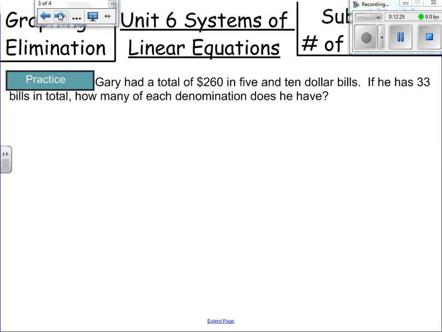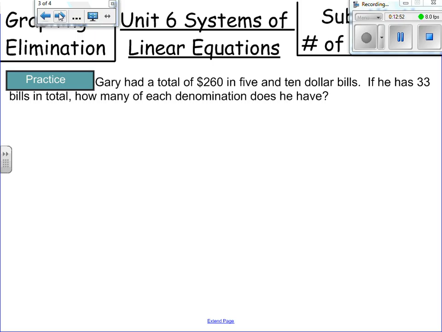This one's tricky to find your two equations. Because there's no symbol that's obvious, right? Before we had length and width. That was easy, L and W. Before that, we just chose X and Y because it didn't really say, it just said a number. But now we're talking about bills.